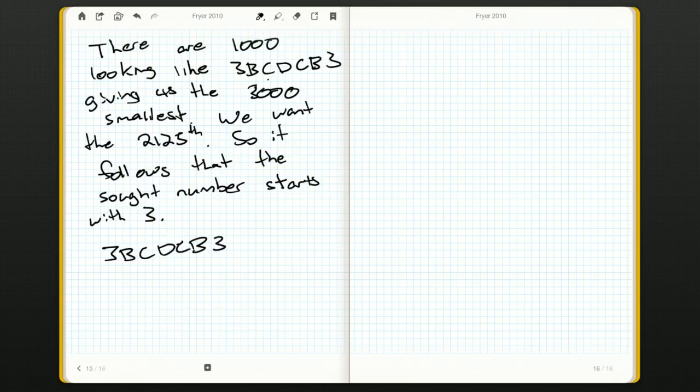So this is what our palindrome looks like. We don't know what the rest of it is, but we do know this is what our palindrome looks like. Now B can at worst be 0.